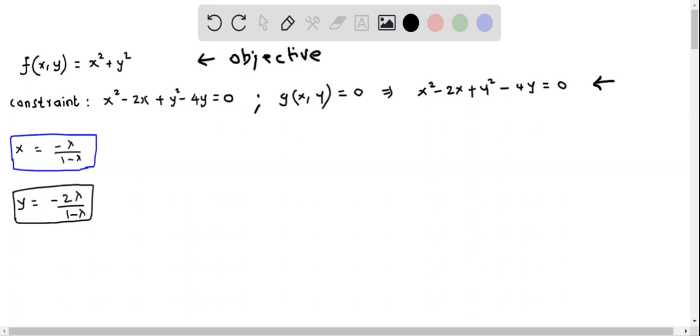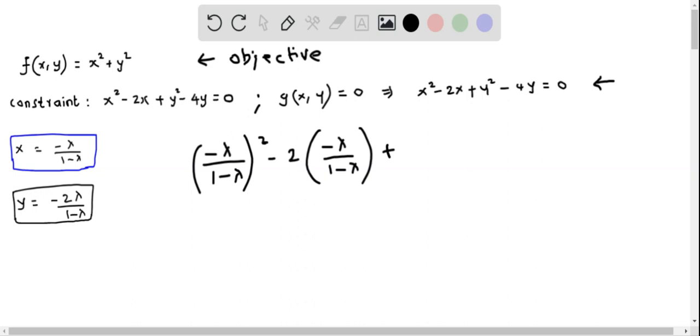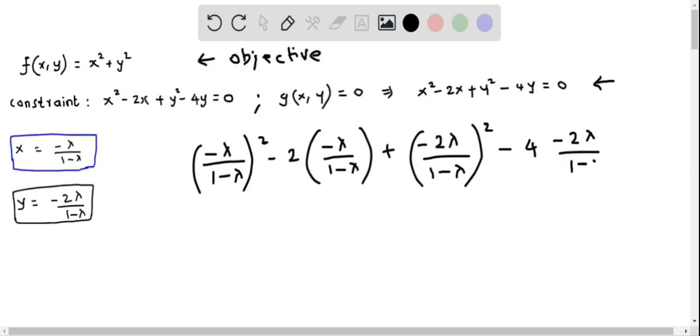So I'm going to replace x by negative lambda divided by 1 minus lambda in this equation, and when I do that, I get (negative lambda divided by 1 minus lambda) squared, minus 2 times x, that is negative 2 times negative lambda divided by 1 minus lambda, plus y squared, which is (negative 2 lambda divided by 1 minus lambda) squared, minus 4 times y, which is negative 2 lambda divided by 1 minus lambda, and this equals 0.